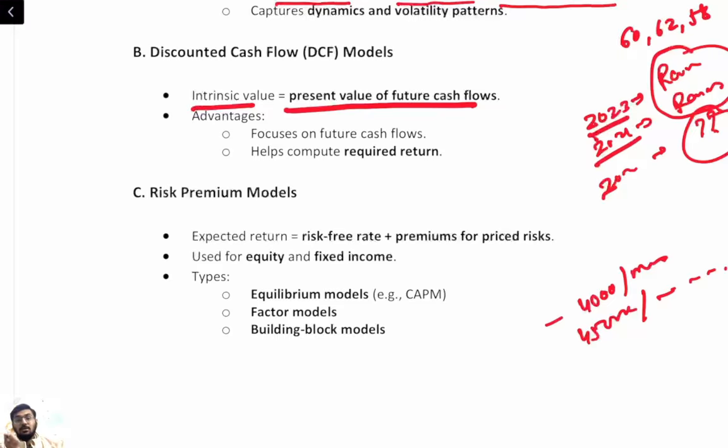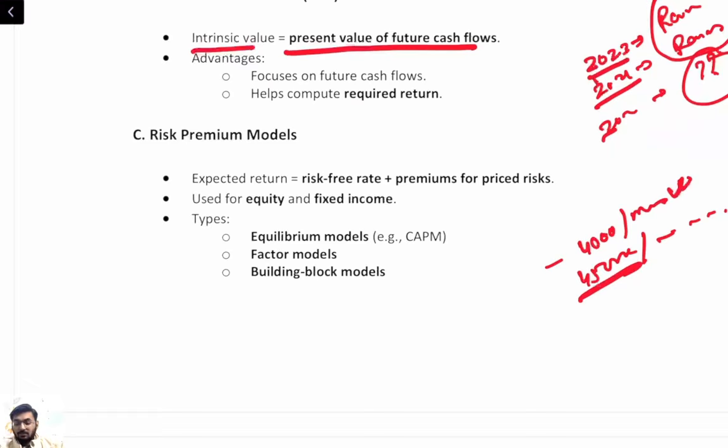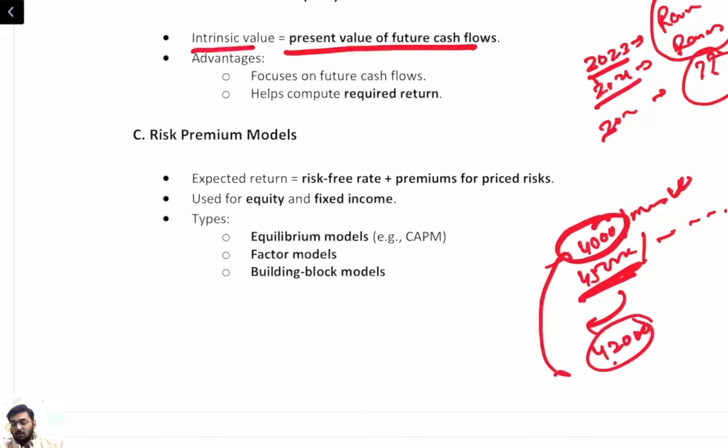You will discount the future money and see which one is better now. Suppose I've discounted the 45,000 and today it came out to be 42,000. Now which one is better, 40,000 today or 42,000 today? Definitely 42,000 today. Similarly, analysts will discount the future profit to calculate the fair value of stocks and bonds.